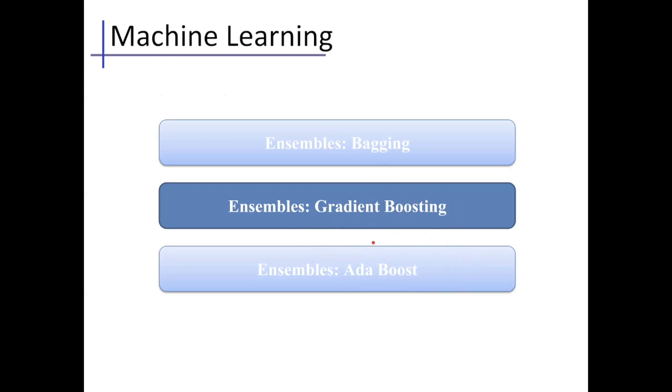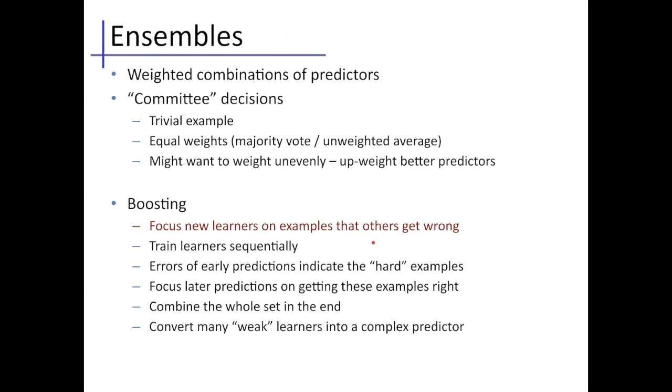So the idea is this. Another way of treating the ensemble model is the boosting methodology: maybe you should focus your learners on examples that the previous predictor got wrong, examples that other predictors didn't get correct. If you build a new predictor that focuses on those hard examples, then maybe you can achieve better performance.